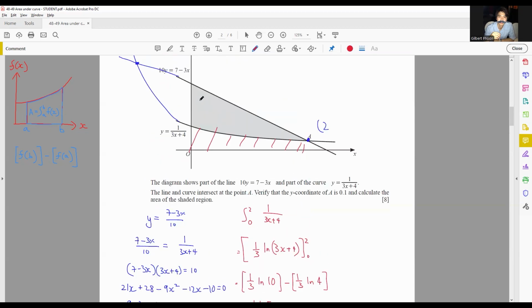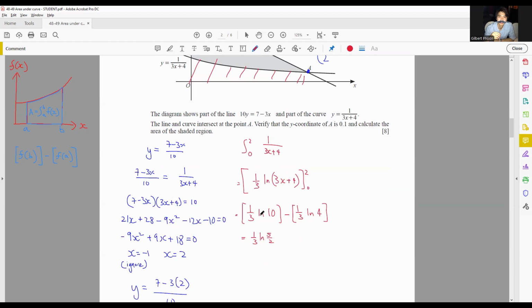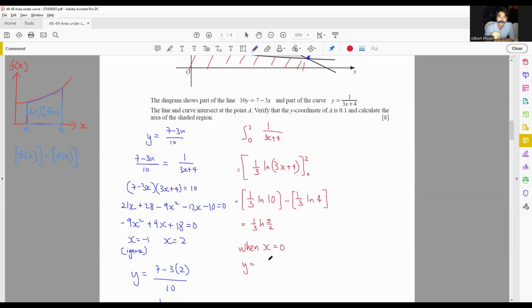Next, we're going to need to find the area of the triangle. So we're going to need to have this coordinate here. This coordinate is just simply when x equals to 0. When x equals to 0, y is equals to 7 minus 0 over 10.